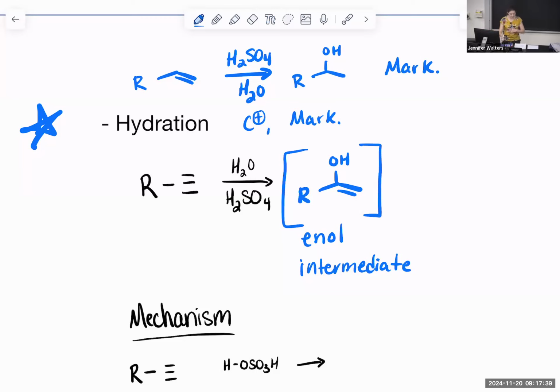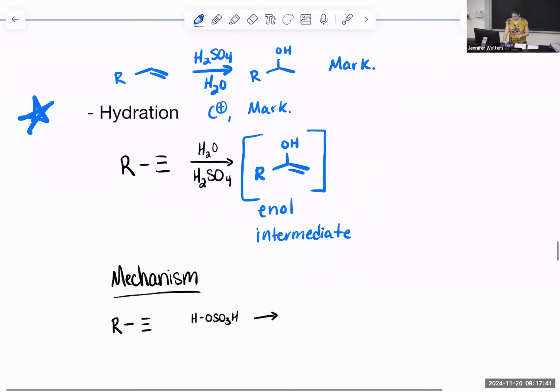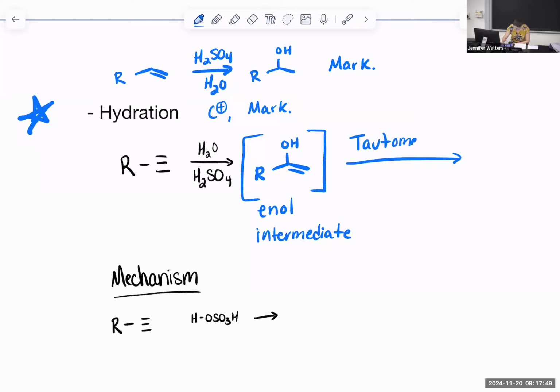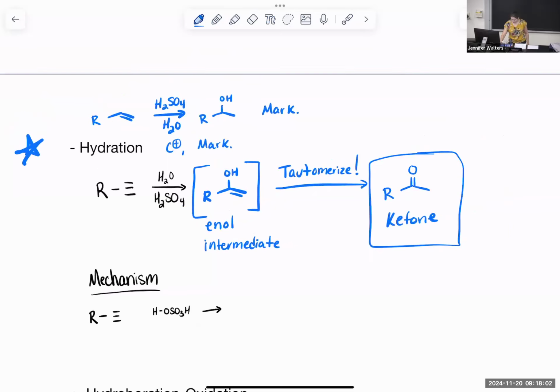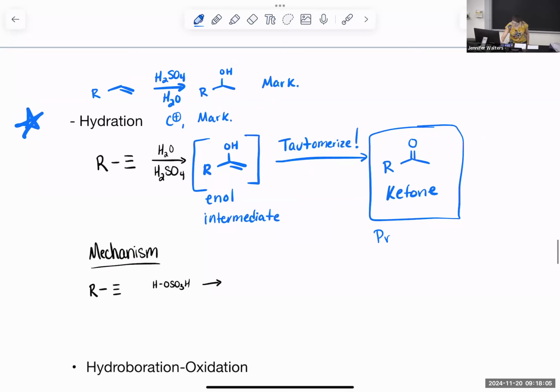So before I even get a chance to do any additional additions, this will tautomerize. It will become a ketone. This is the product. This is our product regardless of the number of equivalents.